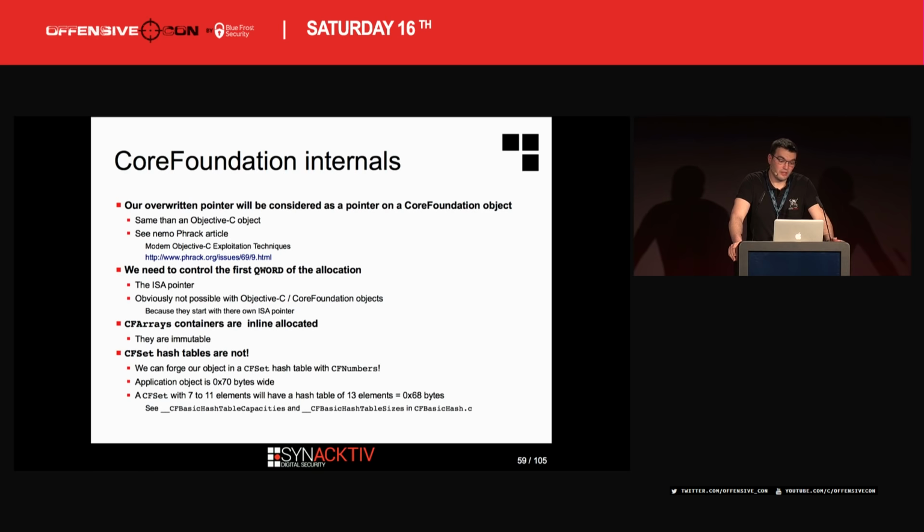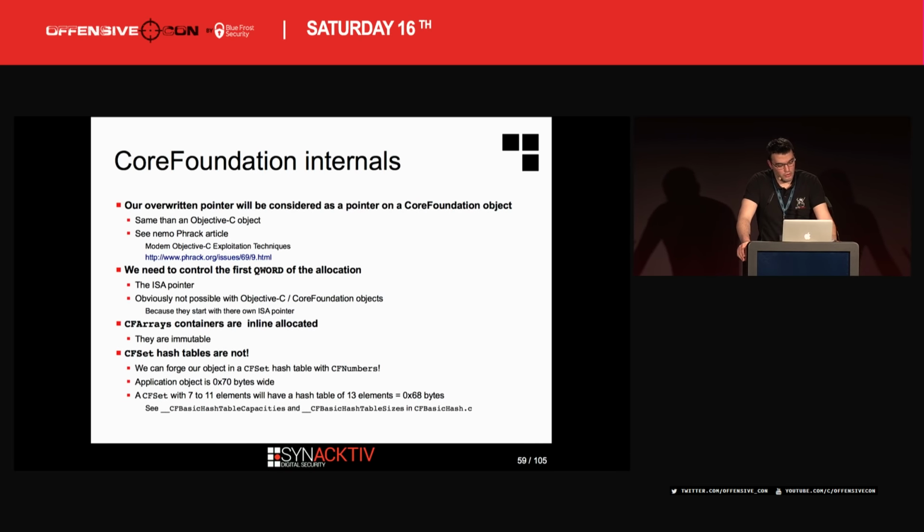The main thing that you need to know is you have to overwrite the very first pointer of the allocation to control the ISA pointer. And obviously, you cannot do that by allocating an Objective-C object, because an Objective-C object already has this pointer set to specify its type. So you need to find a way to allocate controlled data where you control the very first DWORD of the allocation.